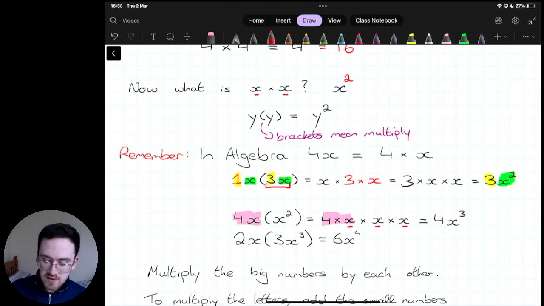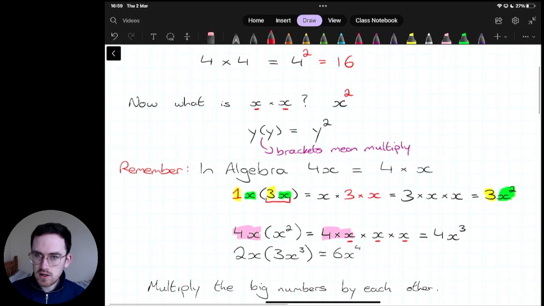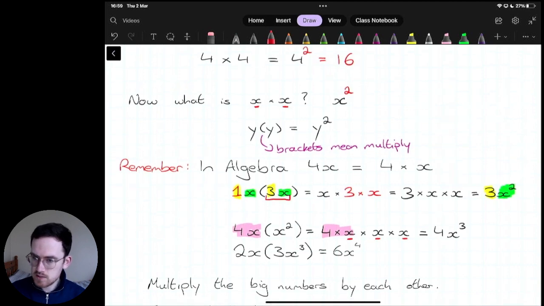There is a quicker way of doing a sum like that. What we have to think about is what the power means. If it's x squared, that means x multiplied by x. If it's x cubed, that would be x multiplied by x multiplied by x. But what if it's just x on its own? If it's x on its own, we can think of it as having a 1 up the top here. Well, not imaginary, it's just hiding, we just don't write it in.